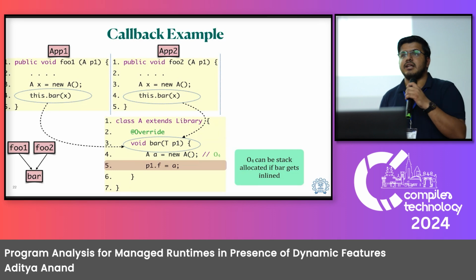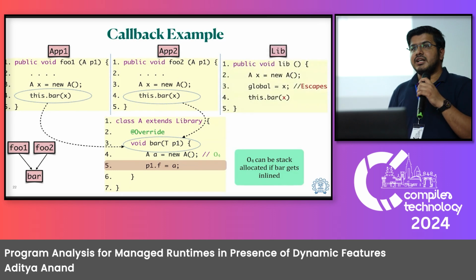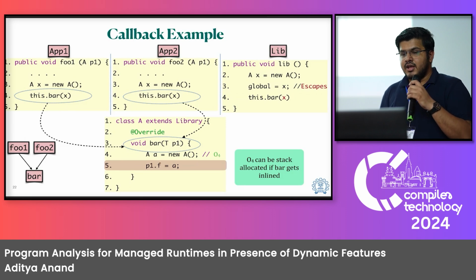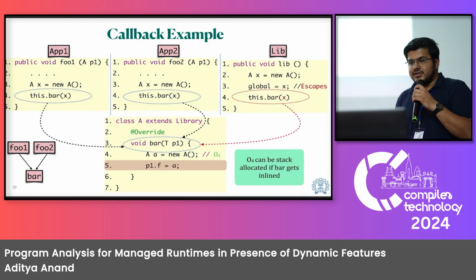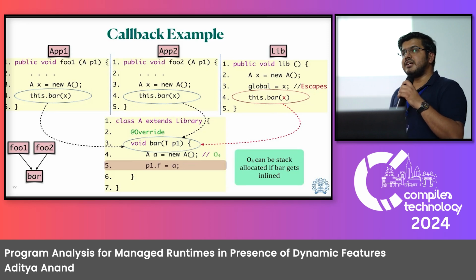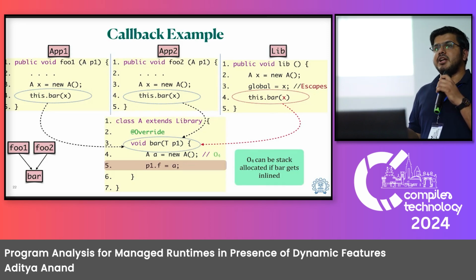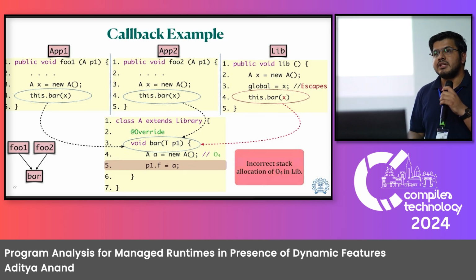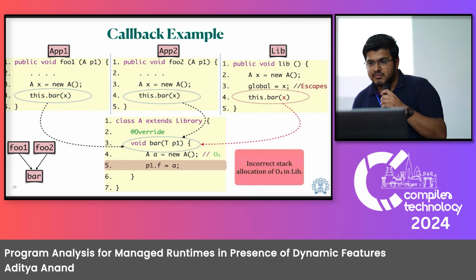This is what we will statically generate. But at runtime, if a third-party library passes an escaping object to this method bar, the result generated statically, saying it can be stack allocated in its caller, will be wrong. If we allocate object O4 on the stack frame of the method lib, it will be wrong.